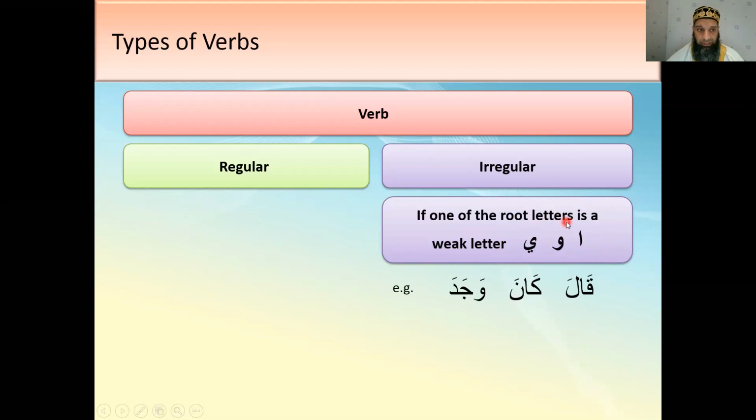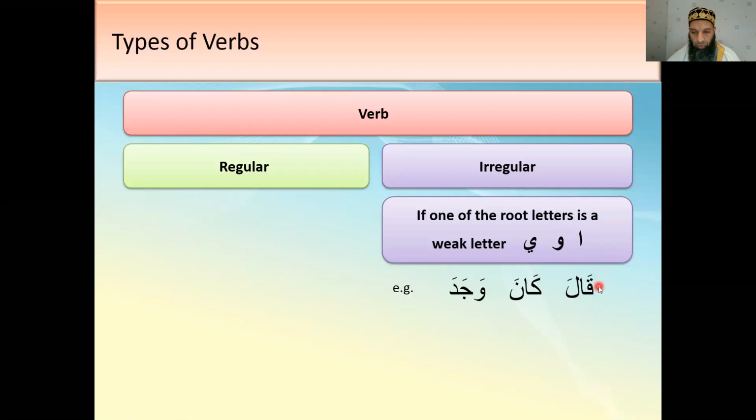The weak letters. What that means is if one of these letters appears in the root word itself, so from those three lettered root words, if any one of them is an alif or a waw or a ya, that verb is termed a weak verb. So qala is a weak verb. The root letters are qaf, waw, lam, right?